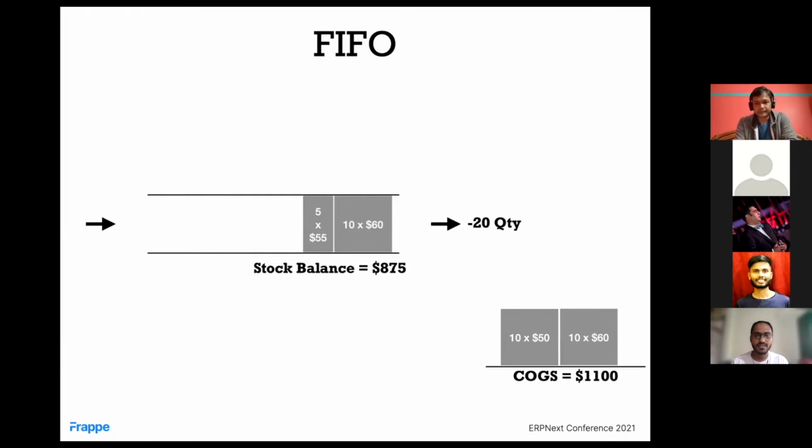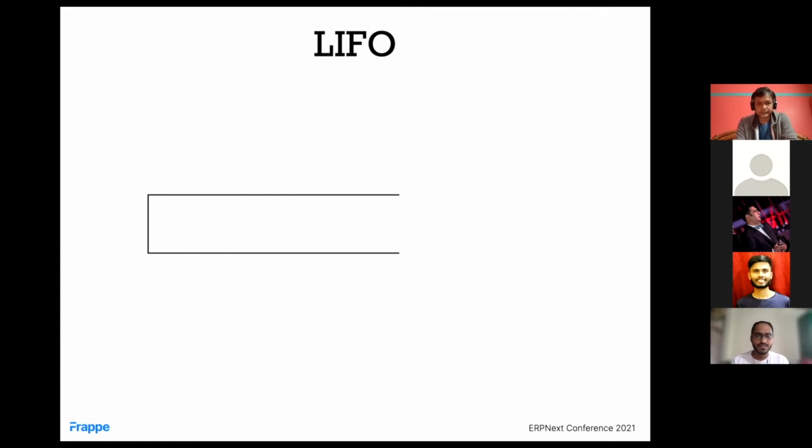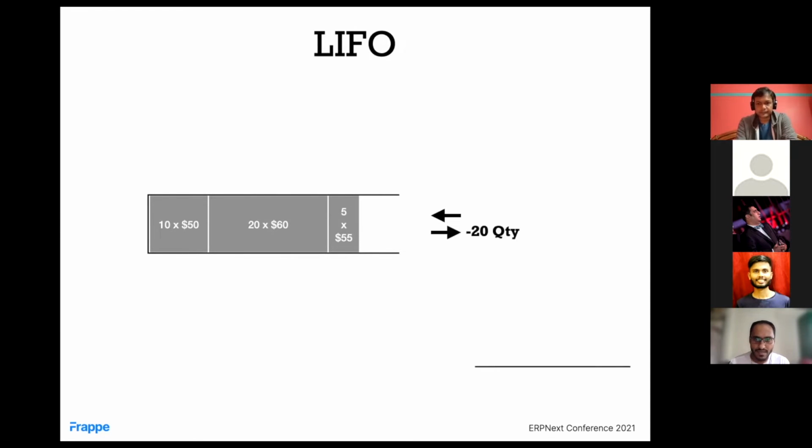We'll next move to the LIFO method. LIFO is the reverse of FIFO. We'll take the same example: in the first lot we purchase 10, second lot 20, and third lot 5 quantity. Now again we have a customer where we have to dispatch 20 quantity. Here, as per LIFO, we'll move out first the item which was added last.